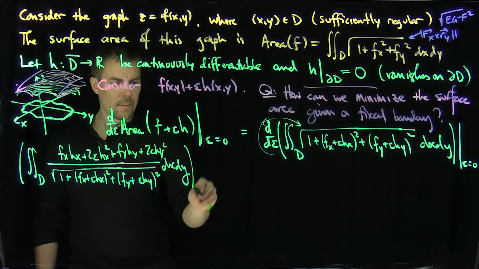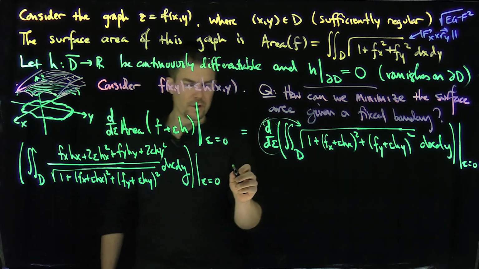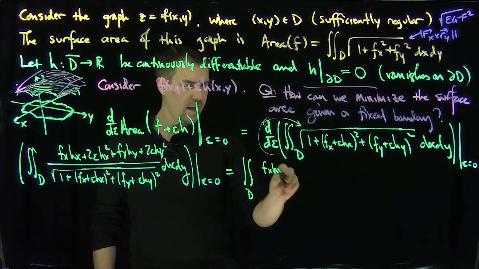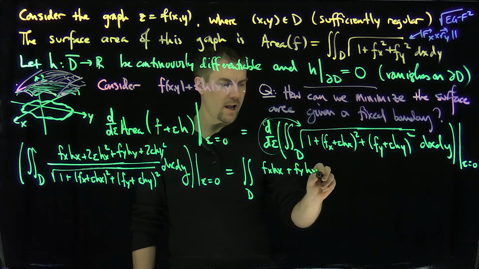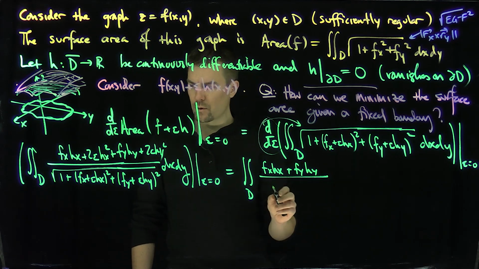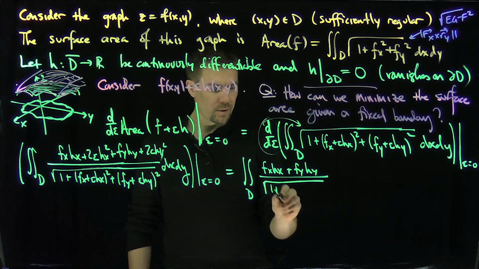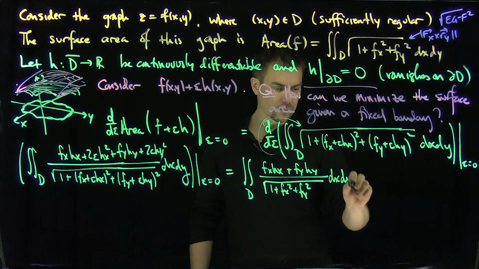But when we plug in epsilon equals 0, what do we see? This is just the double integral over D of fx hx plus fy hy over this square root over here. Of course, when epsilon is equal to 0, those epsilon terms go away: 1 plus fx squared plus fy squared, dx dy.